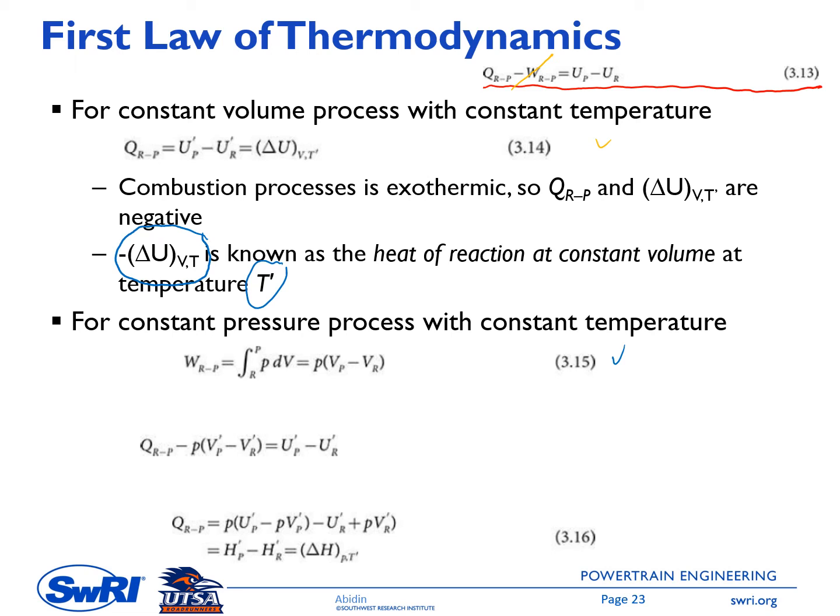Then we can substitute WRP with this one and adjust the terms a little bit. You will get equation 3.16. In this case, QRP is balanced by delta H. You know from Thermo 1 that enthalpy is the sum of internal energy and pressure times volume.